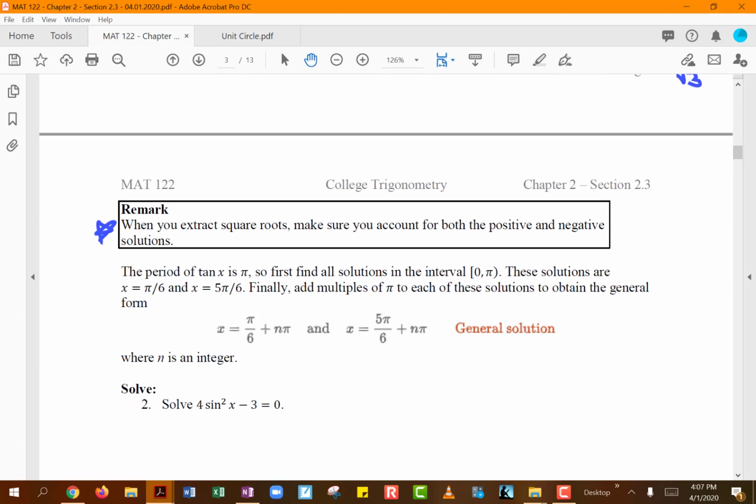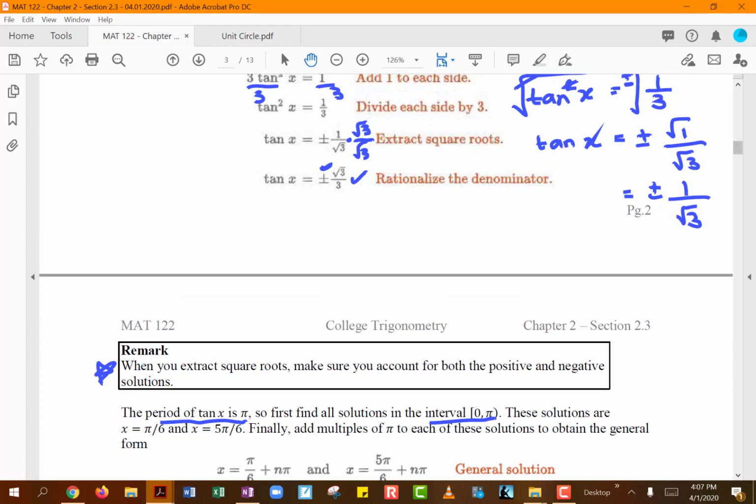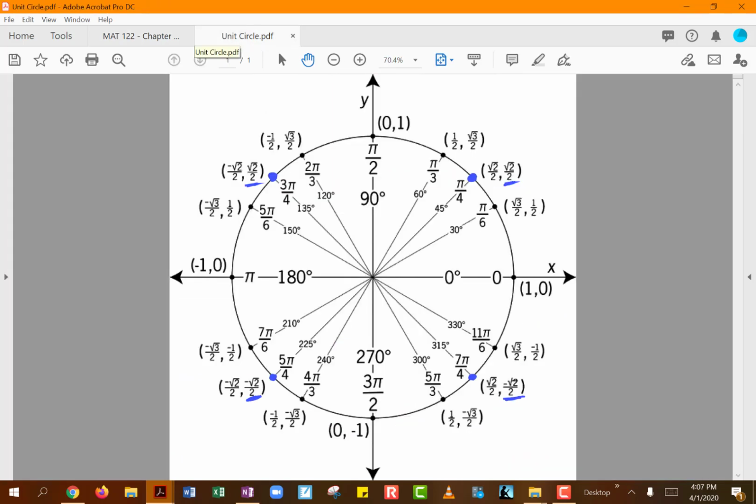So again, remember that the period of the tangent function is just pi. So start by finding solutions in the interval from 0 to pi, and then we can move that to the general form. So where is your tangent function going to be square root of 3 over 3? I'm going to take you back to the unit circle.